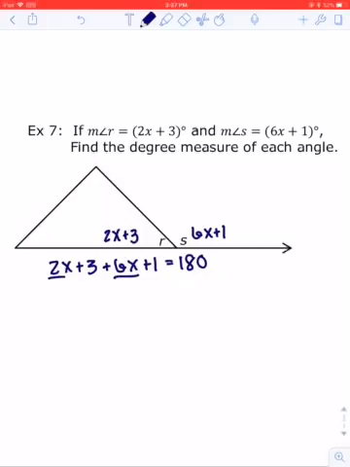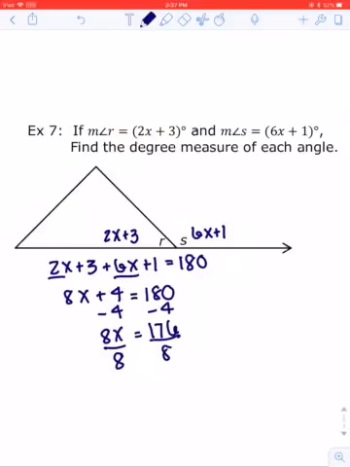Then you combine like terms. 8x plus 4 equals 180. Isolate the variable. 8x equals 176. Divide by coefficient. x is equal to 22.